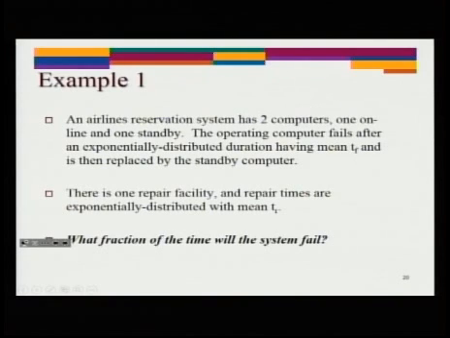And there is only one repair facility, and the repair times are exponentially distributed with mean time t sub r. So we'd like to determine the fraction of time that the system will fail. In that case, the fraction of time that both computers have failed, actually. So we're going to do that. But beforehand, we need to build up the Markov chain model, right?